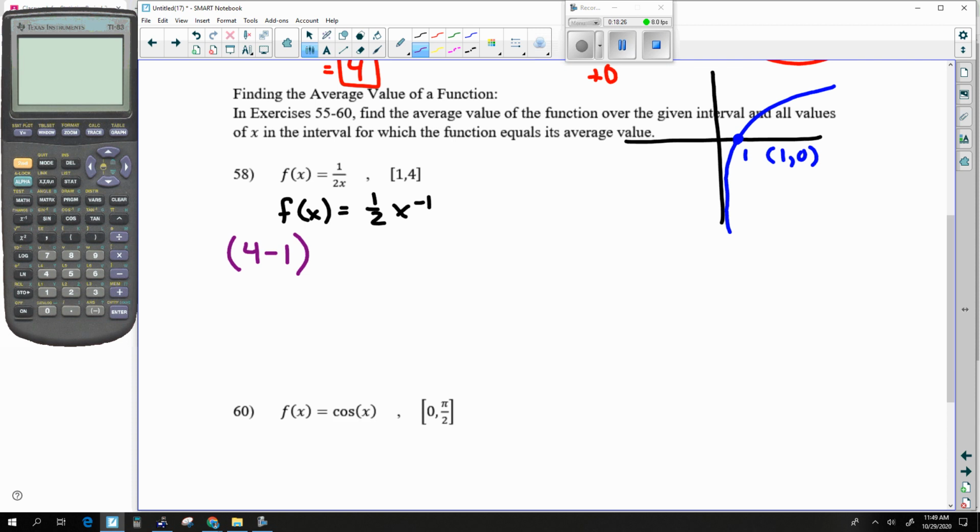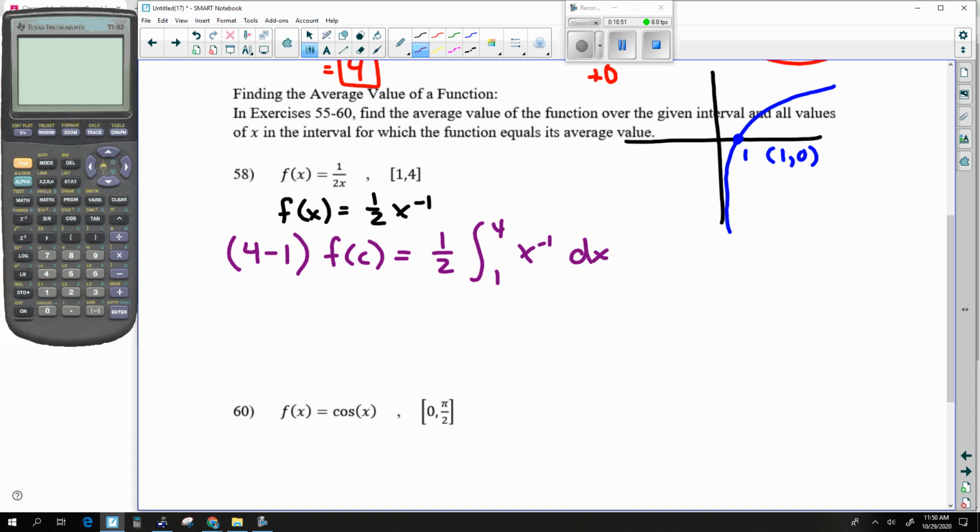This has a base of 3 times the average value is equal to the area under the curve, which goes from 1 to 4 of, as I said, 1/2, 1 to 4 of 1 over x, or x to the negative 1.